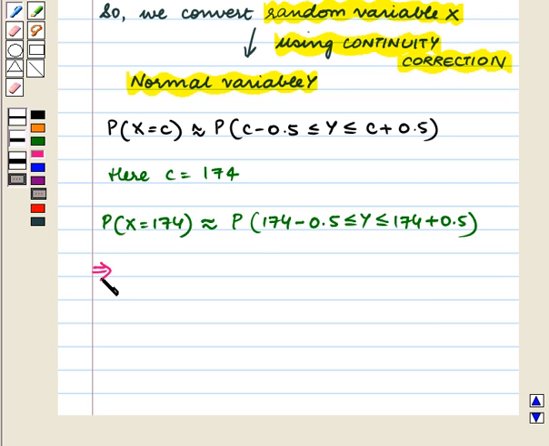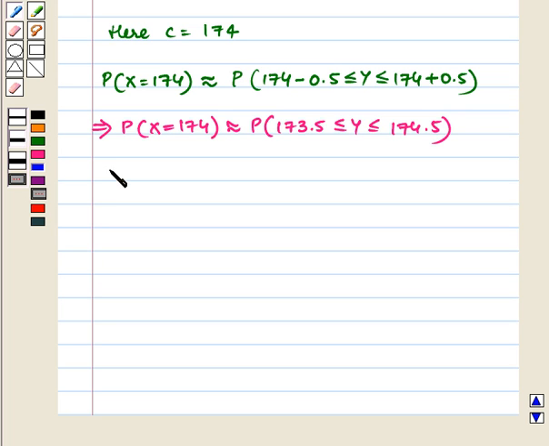This implies probability of x equal to 174 is approximately equal to probability of 173.5 less than equal to y less than equal to 174.5.